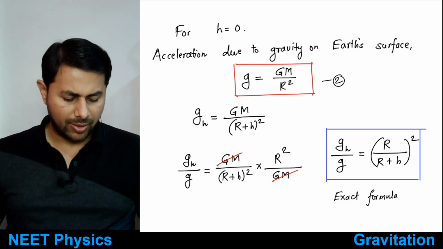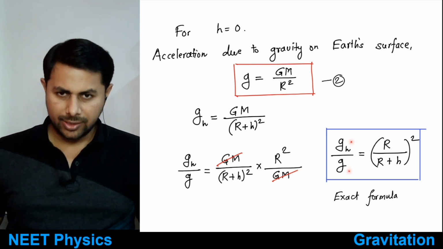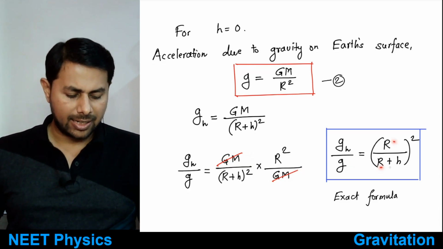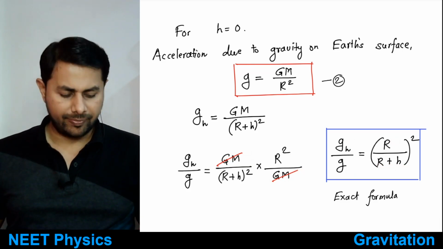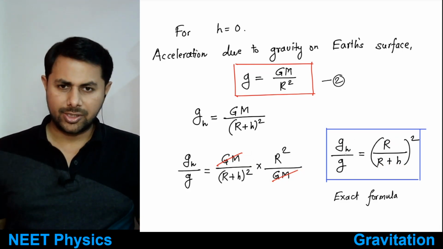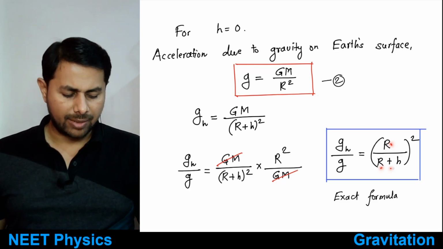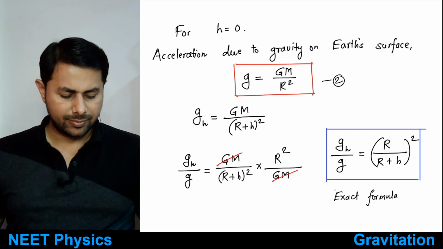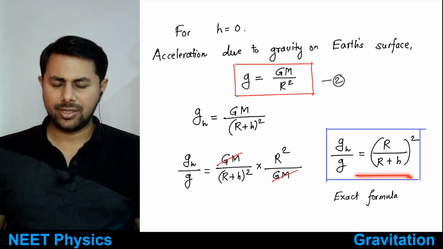So you have g_h upon g is equal to r divided by (r plus h), square of that. Right? So this thing is clear.